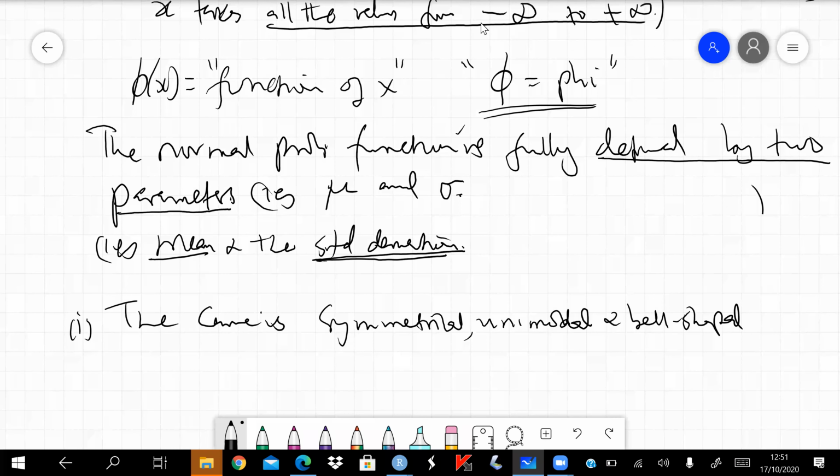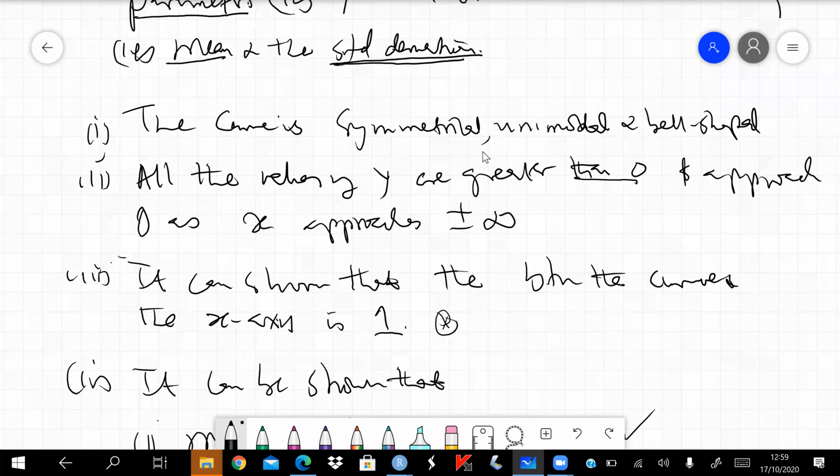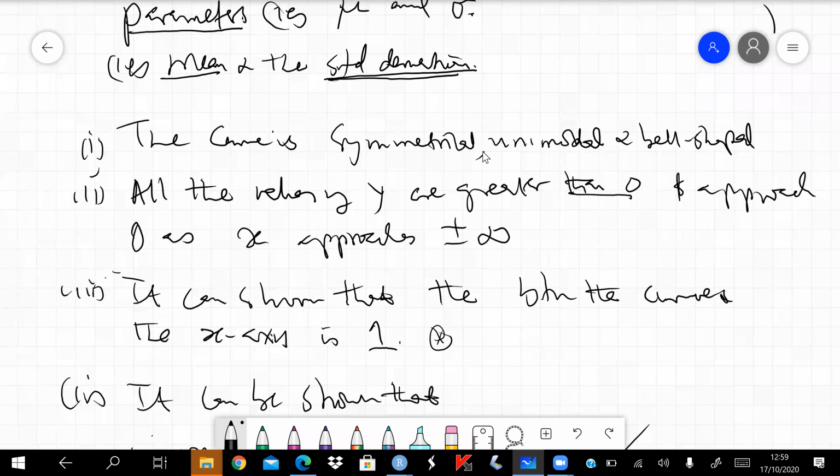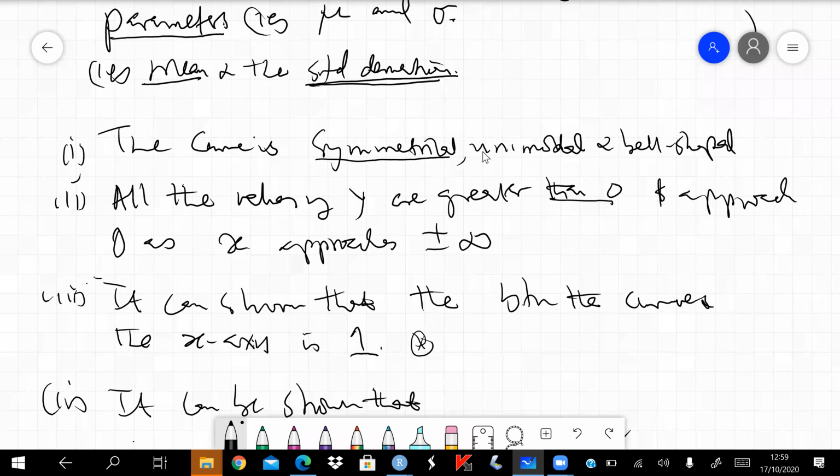So the first property we have said is that the curve is symmetrical, and then it is unimodal, and then it is bell-shaped, as you've seen in our illustrations.